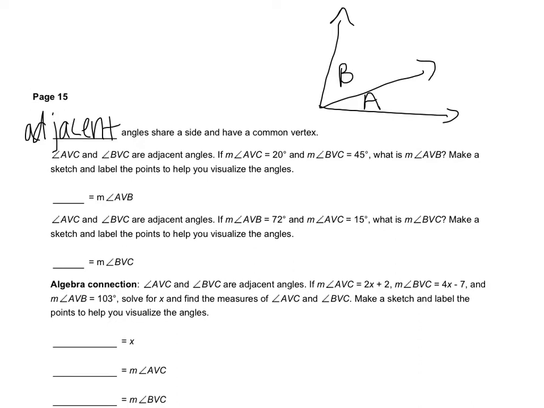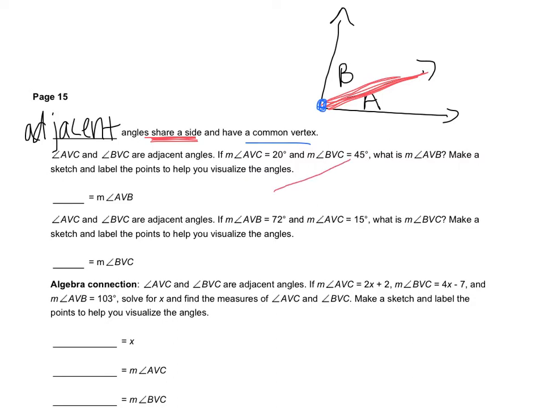The definition of an adjacent angle is that they share a common side. I'm going to color that in pink. And they have a common vertex. I'm going to color that in blue. And that's true of both of these angles. They had a side in common and they had a vertex in common. So they've given us 2 adjacent angles. They say AVC and BVC are adjacent.